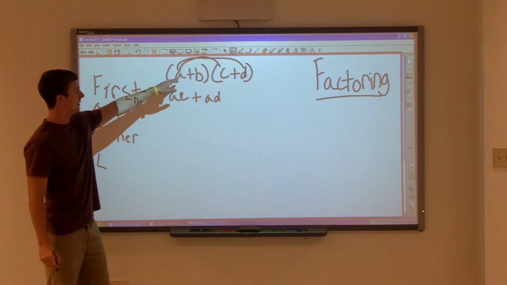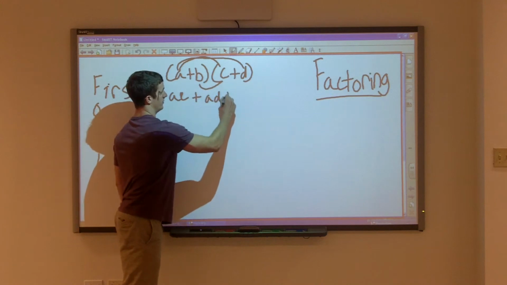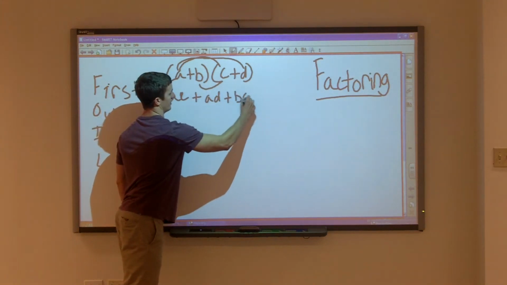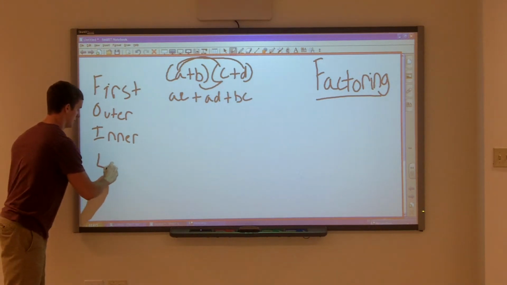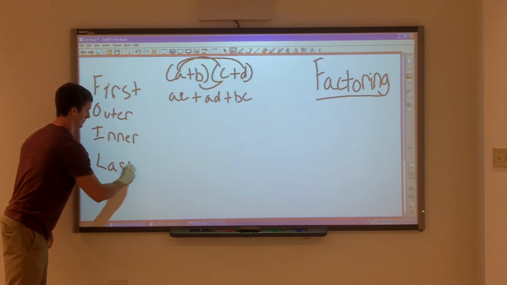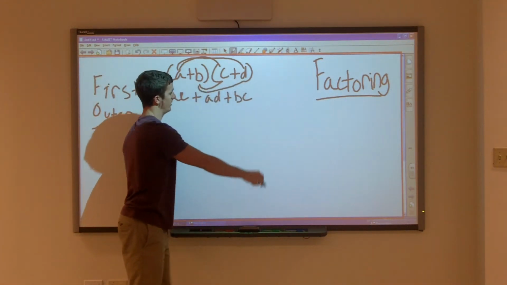So we've exhausted our a, and we're going to multiply by our inner two variables. So we'll have b times c. And then the L, as you can imagine, stands for our last. We'll have the b times the last variable in this polynomial.